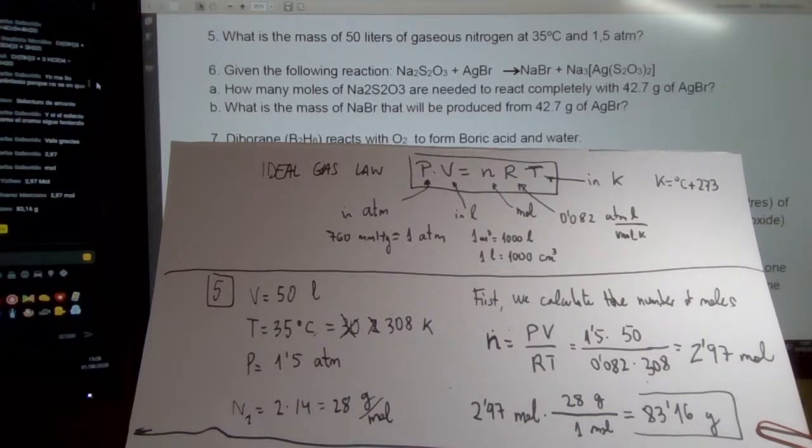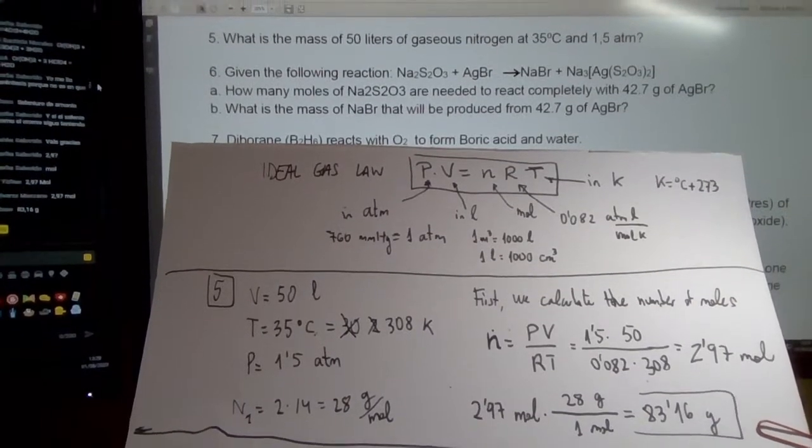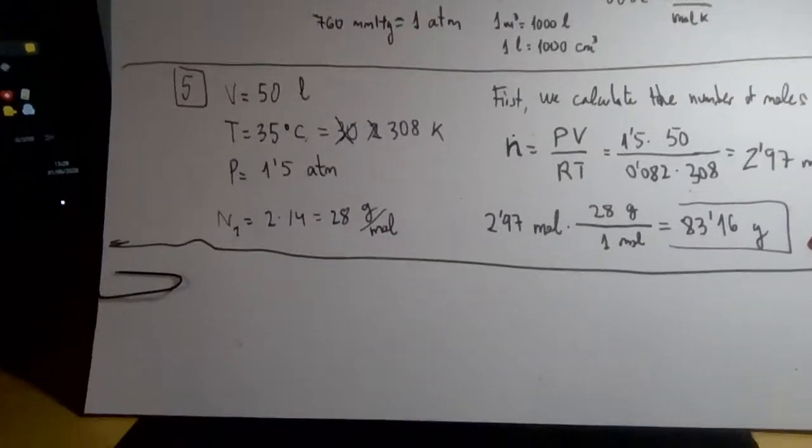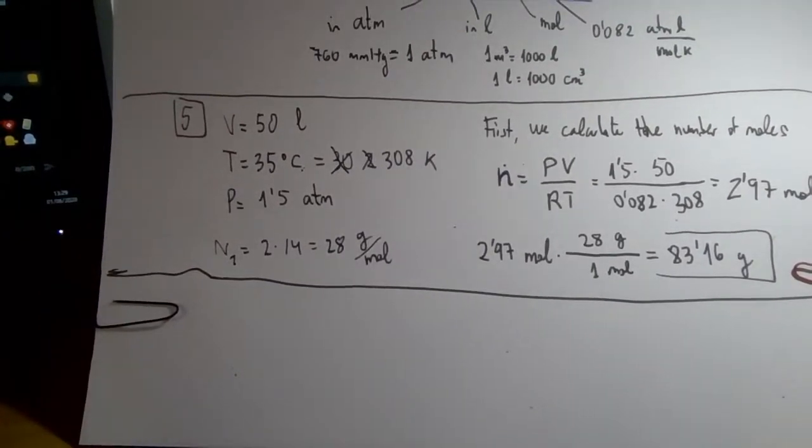Okay, is this part clear? Everything understood? We can go with the final type of activities. Let's go. 6.